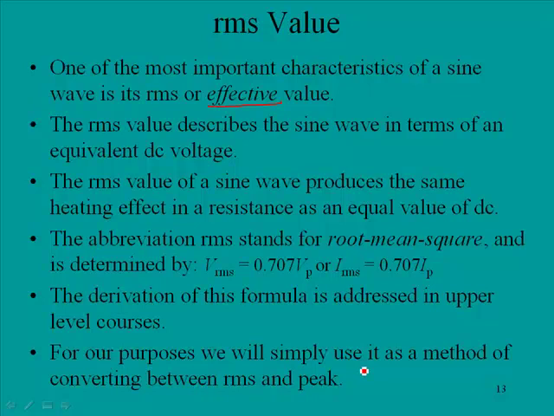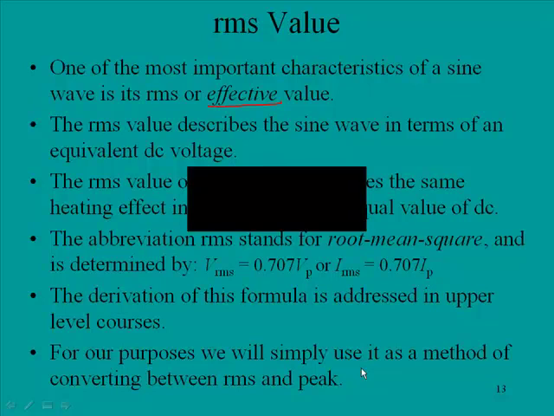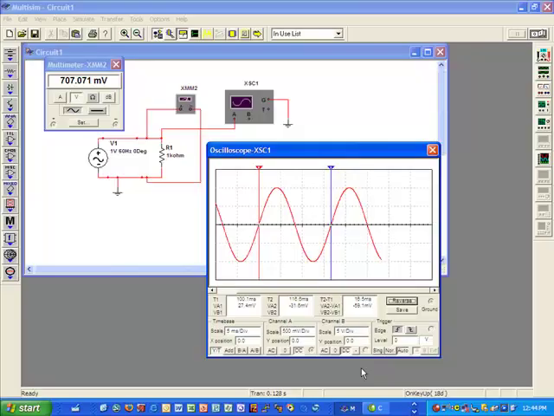And so let's take a look at our simulation. In our simulation, we showed the sine wave of 1 volt peak, and we had 1 volt from 0 to the peak value here, and 0 going to the negative peak. Now, we also have a multimeter connected into the circuit, and this is for discussion purposes of RMS.